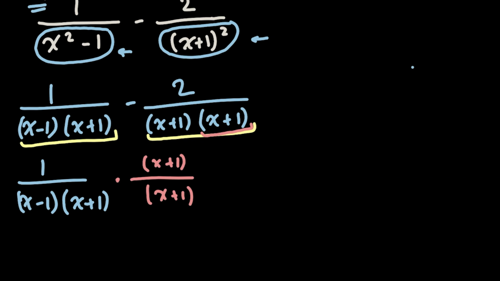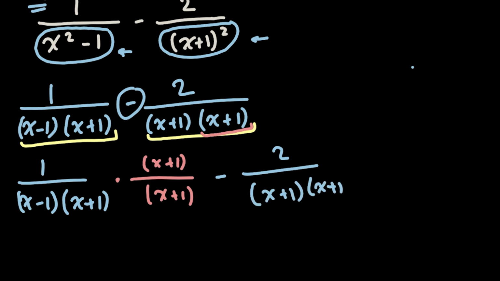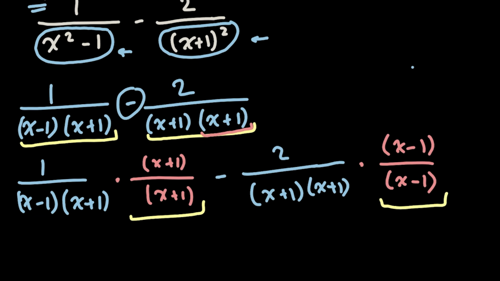Then we have minus here, so we have 2 over x plus 1 multiplied by x plus 1, and we will multiply here by x minus 1 over x minus 1. Again, we are doing nothing here and here. We are just multiplying by 1.